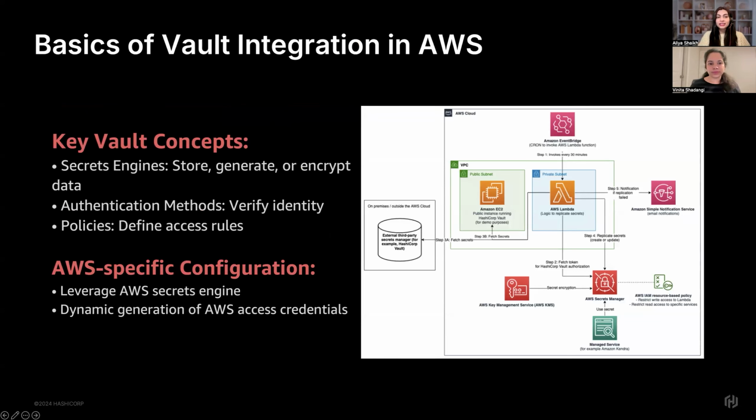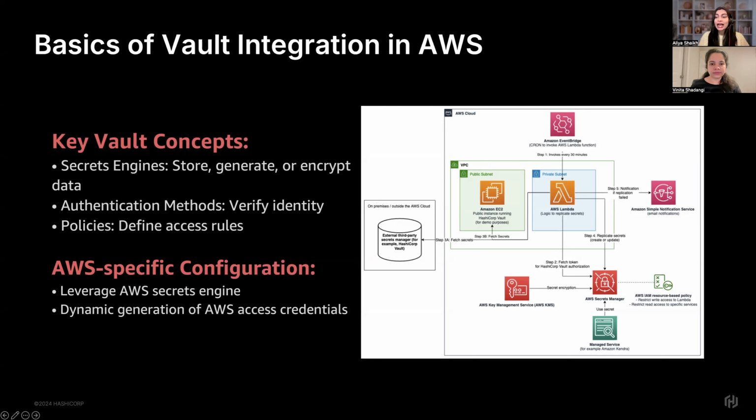Let's talk about some key concepts. To understand how Vault integrates with AWS, we first need to grasp some very key concepts, starting with secrets engines. These are components responsible for storing, generating, or encrypting data. Think of them as pluggable modules that handle different types of secrets. The second one is authentication methods.